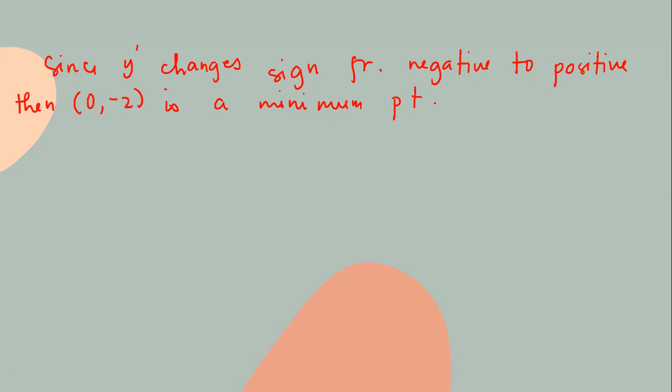Okay, let us get the critical points. Don't we already have the critical numbers? x is equal to negative 2 and x is equal to 0.